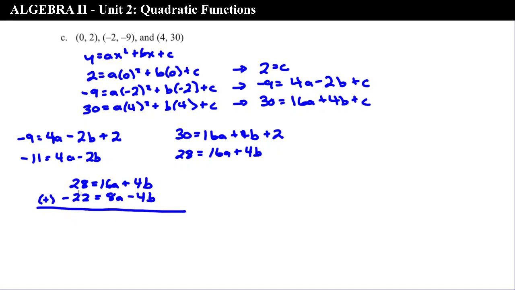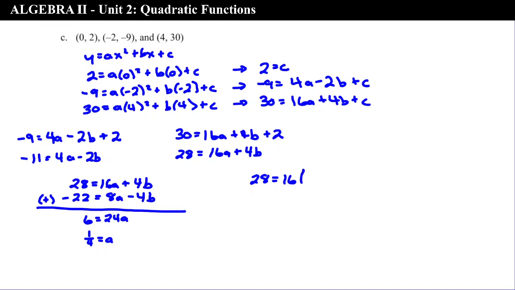So when we do that, 28 minus 22 gives us 6. 16 plus 8 gives us 24. Our b's cancel. 6 over 24 is reduced down to 1/4. So a is 1/4. Now let's go over and plug it back into one of these. And I'll plug it back into the second one here.